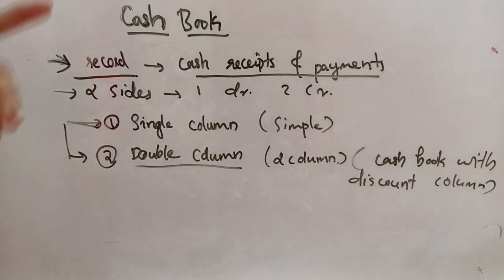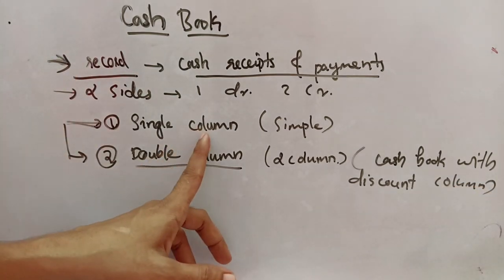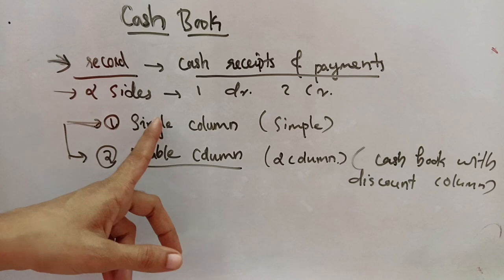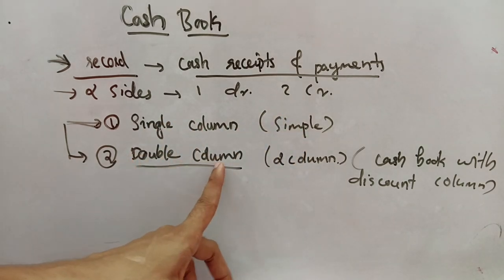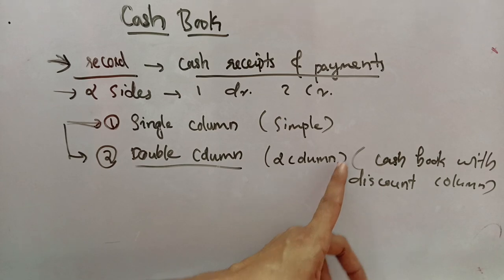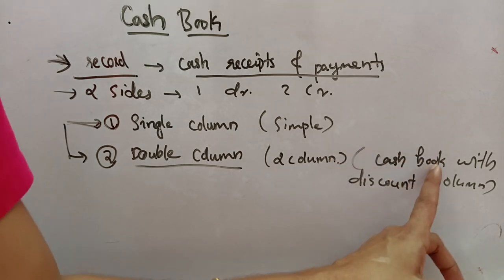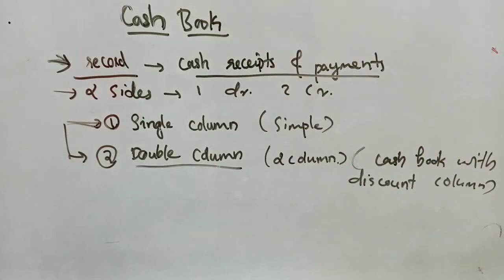So the cash book can be of two types, single column and double column.